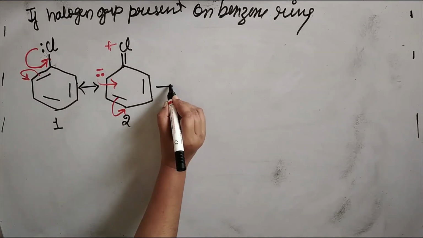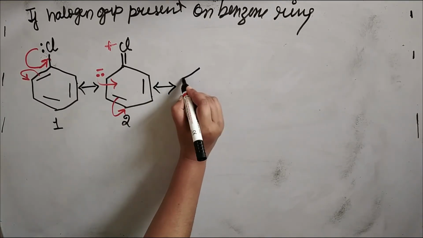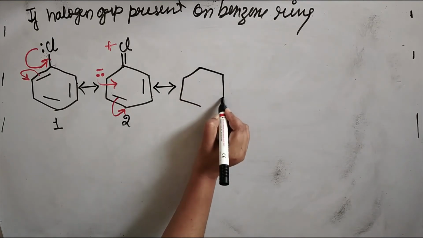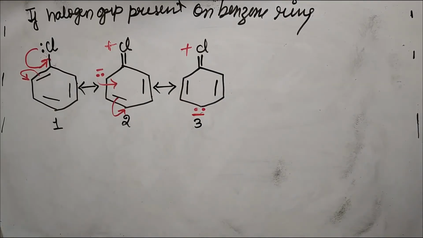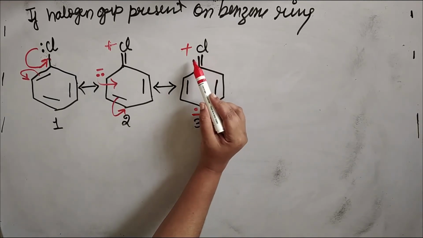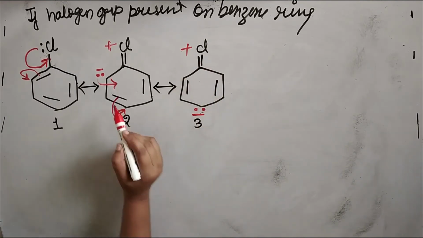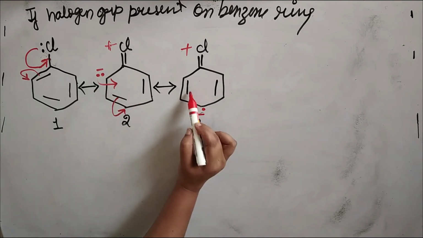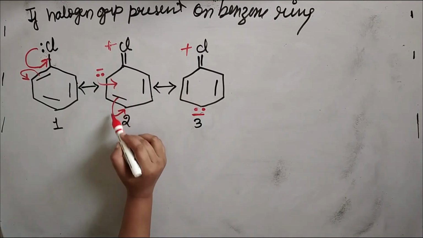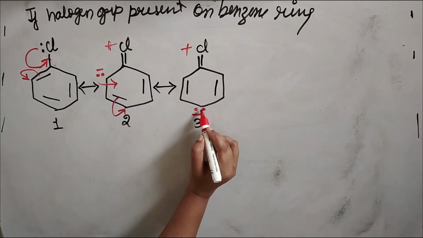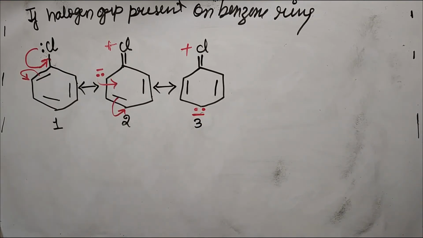So let's see the third structure. So this is the third structure, where you can see chlorine will have a positive charge and the bond formation will take place at this position and this bond will break and go to the third position.